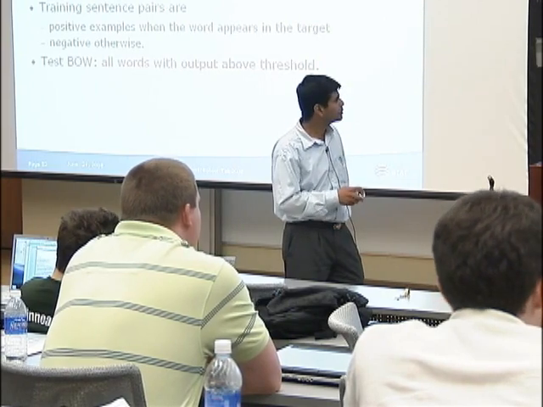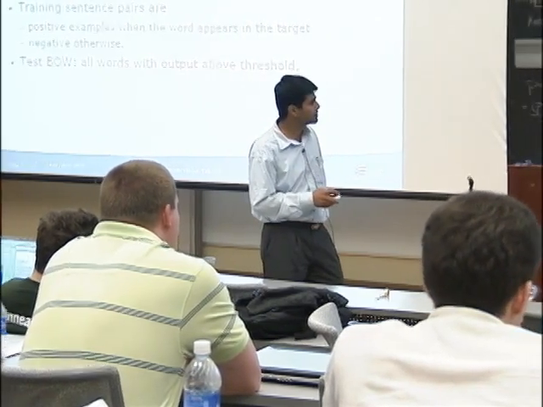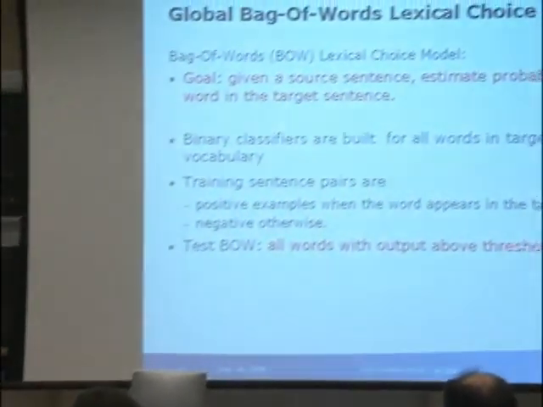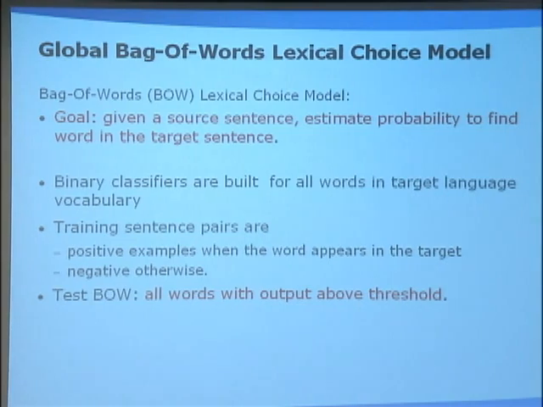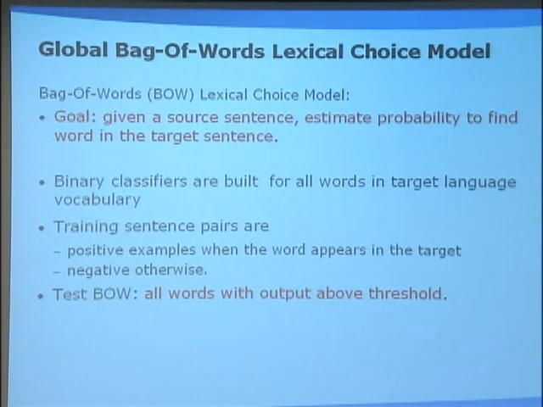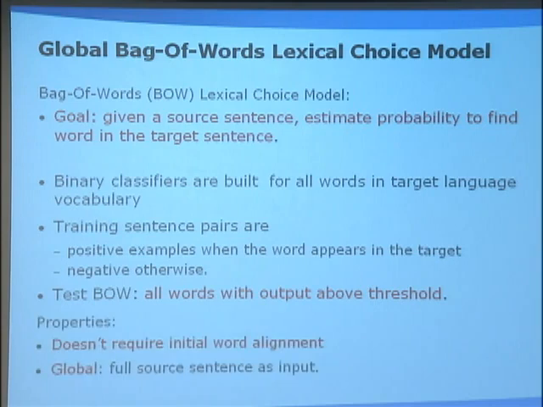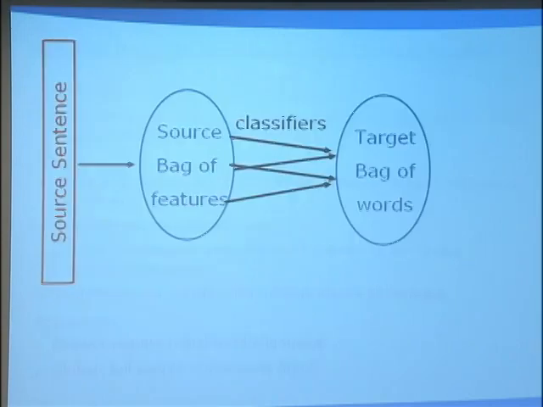So what's the decision process? Once you run the classifier, you get all the words that are above some predefined threshold score. If the classifier says, here's watashiwa with 0.99, here's another word with 0.98, and so on and so forth, you chop it at some threshold, and that's your bag of Japanese words that you want to translate with.